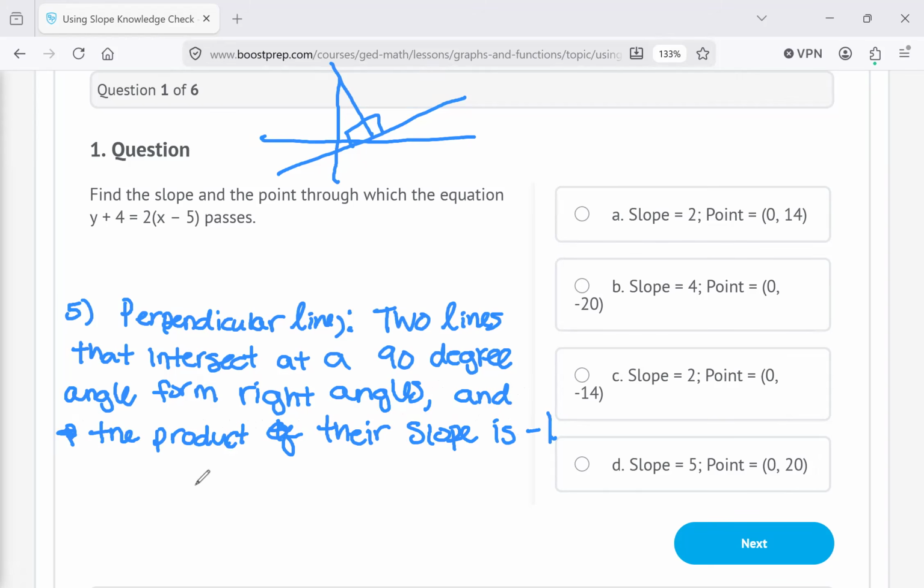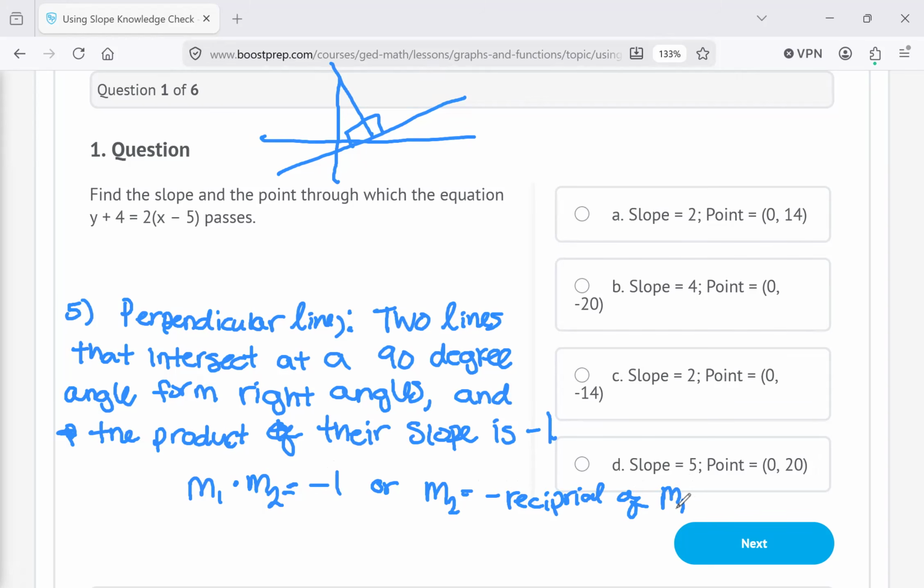If you multiply out the two slopes, m1 times m2, and it gives you a product of -1, that's how you know it is perpendicular. Or you could think of it as m2 is the negative reciprocal. That's another way.